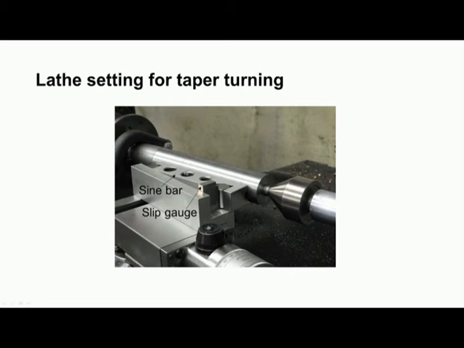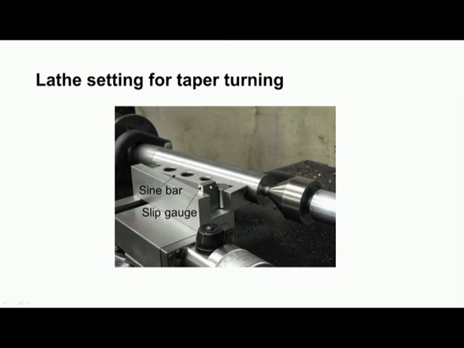You can see the sine bar, and this is the reference bar, and between the cylinder of the sine bar and this reference surface we have filled with the slip gauge.